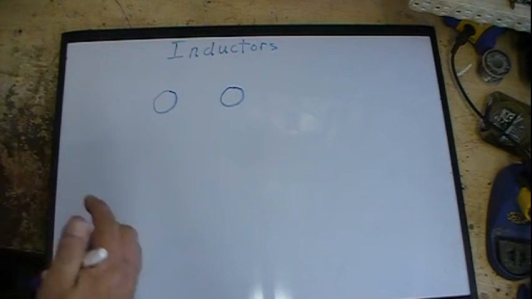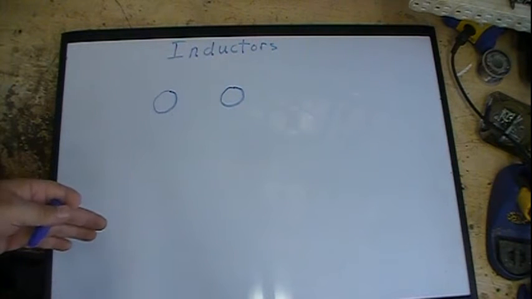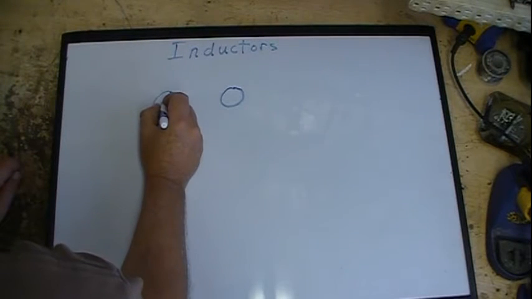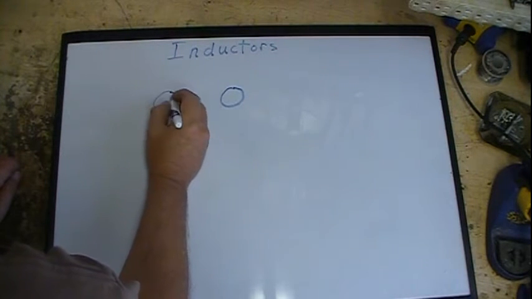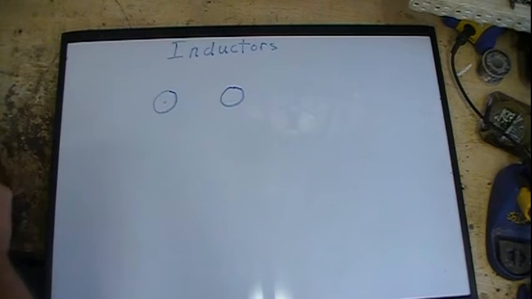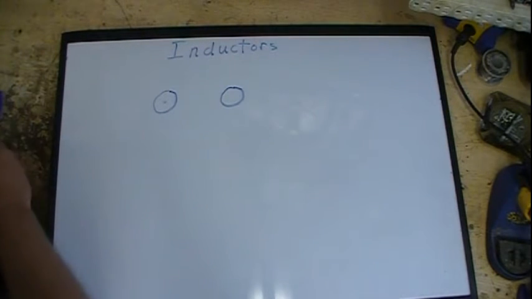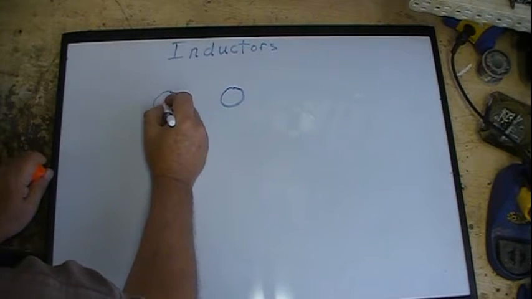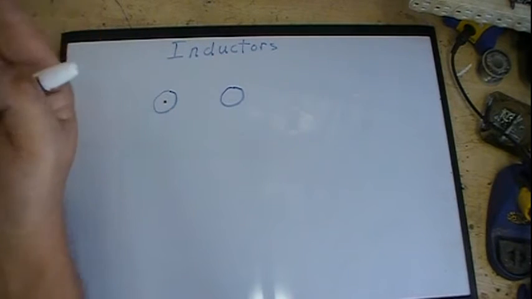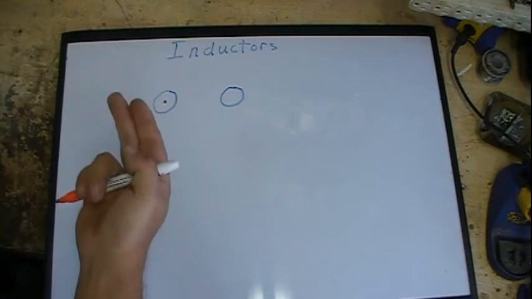Now if I want to show current through the wire, I need direction. If I show a dot, that means the current is coming out of the plane.